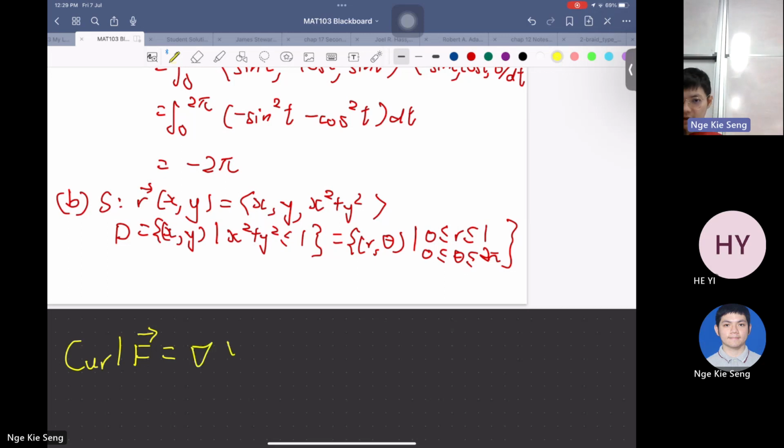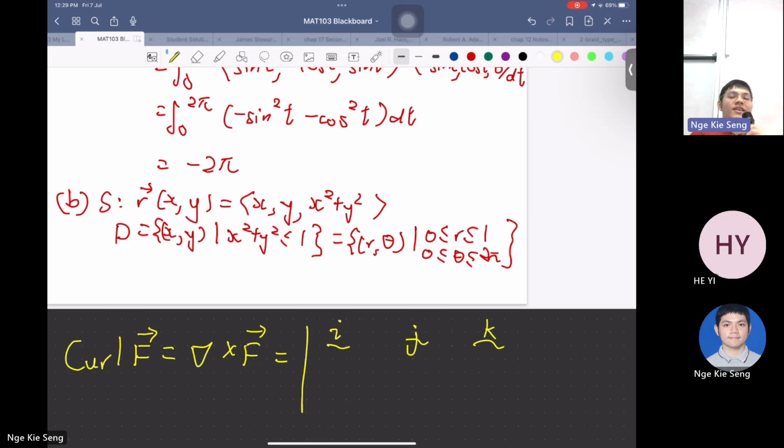Please don't forget this. So you cross the gradient operator with the vector field.